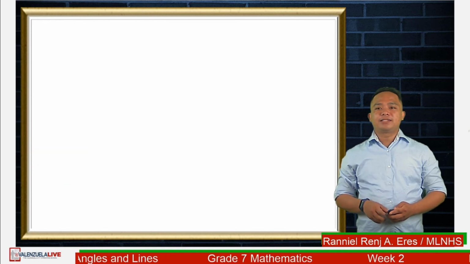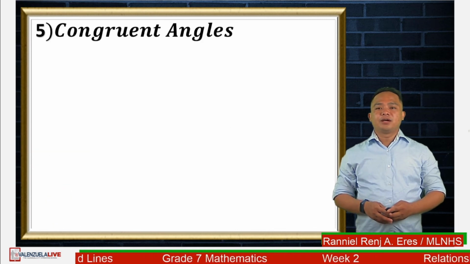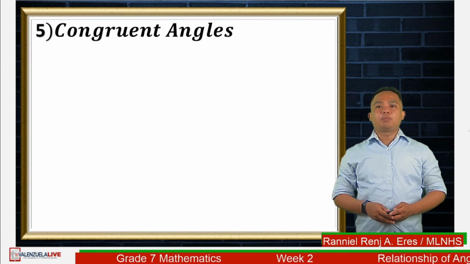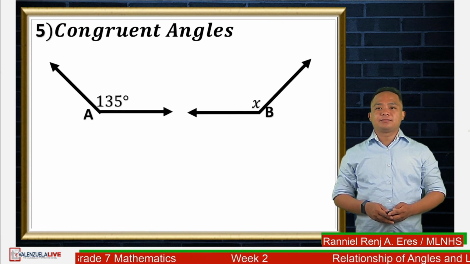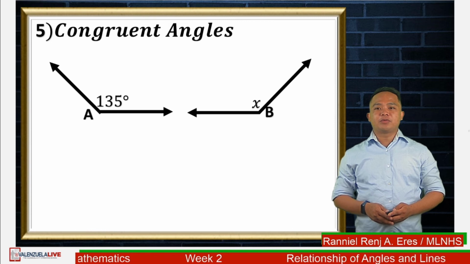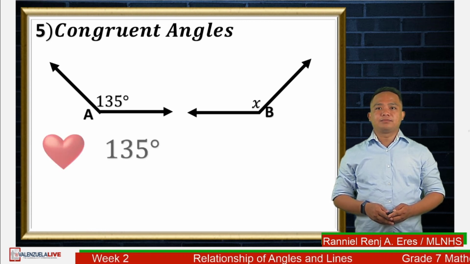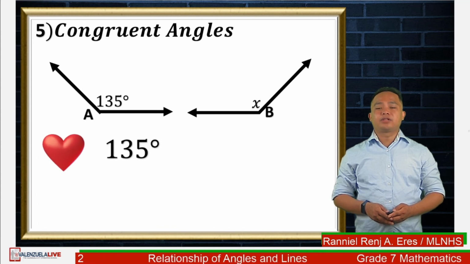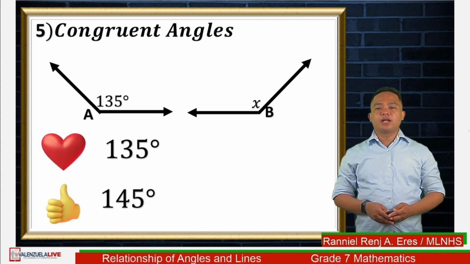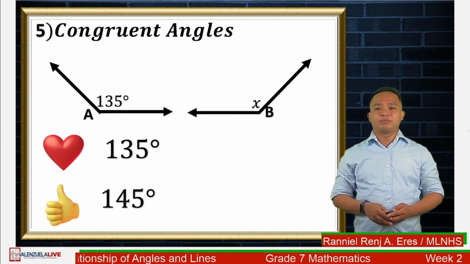Okay, this is our last given. The given angles are said to be congruent angles. We have angle A, which is equal to 135, and angle B is missing. Is it heart, 135 degrees, or is it thumbs up, 145 degrees?